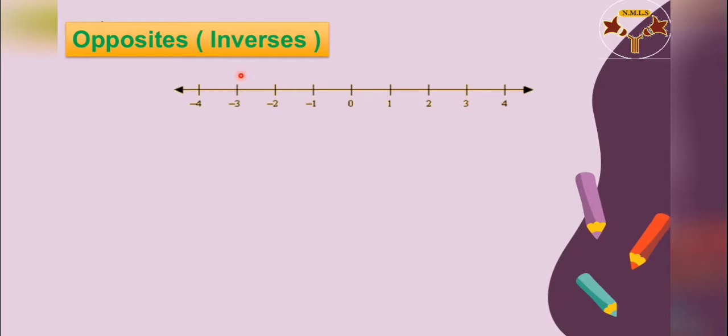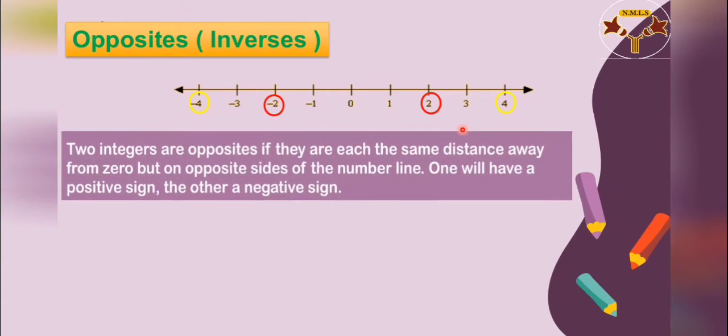Opposite or inverse. As we said, on the number line the negative numbers are just a mirror image of the positive numbers. We call them opposite numbers. So every number on one side has an opposite on the other side with a different sign. Here the opposite of number 2 is negative 2, and the opposite of number negative 4 is 4. Two integers are opposite if they are each the same distance away from 0, but on opposite sides of the number line.